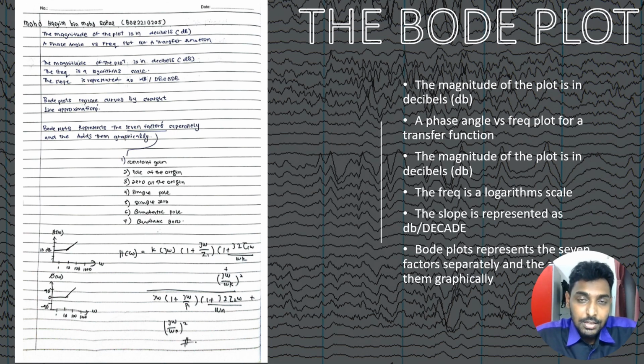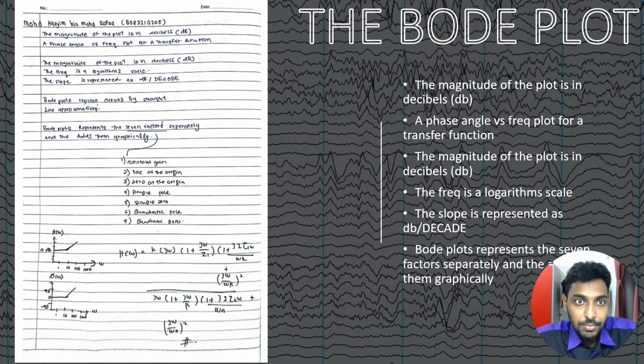So I'm taking this slide to present how the transfer function is converted to the Bode plot. For the transfer function, we need to know that the magnitude of the plot is in decibels, dB, and a phase angle versus frequency plot for a transfer function.